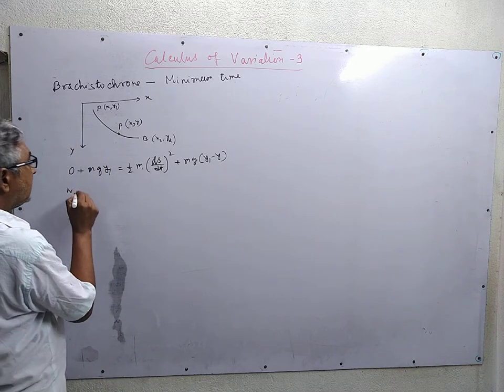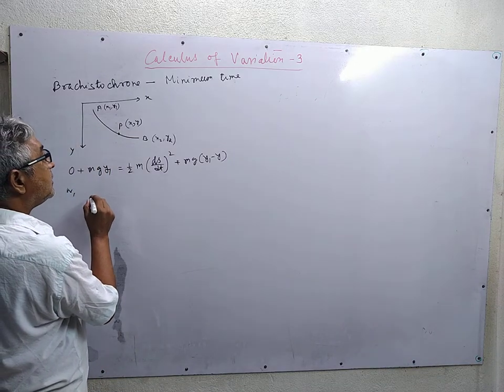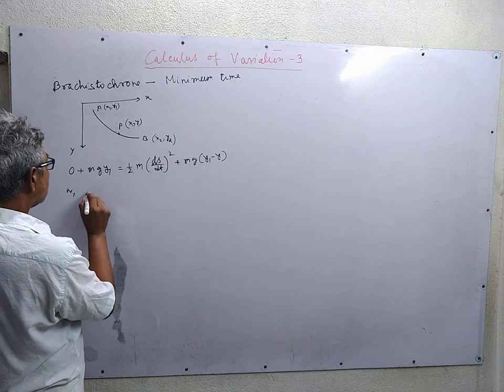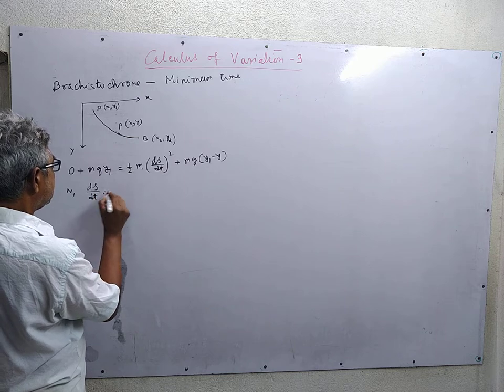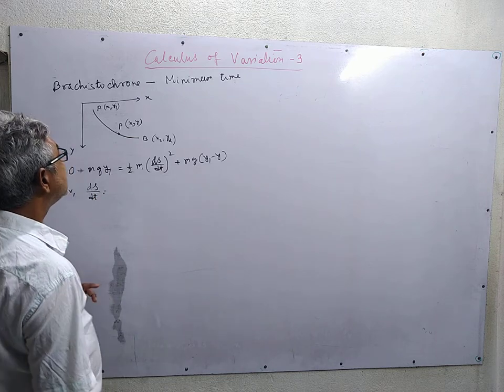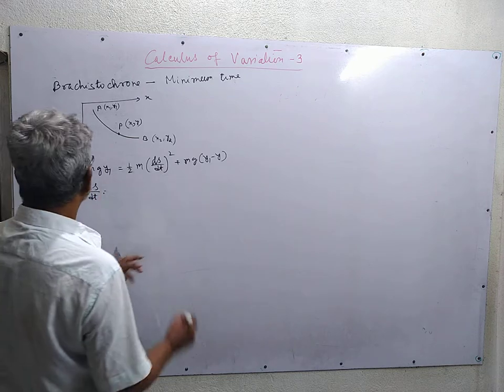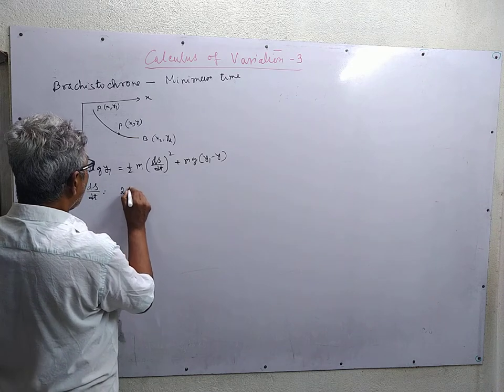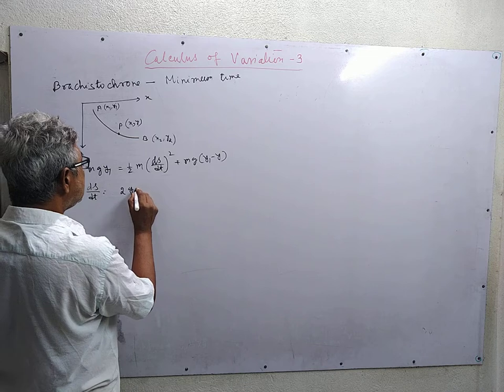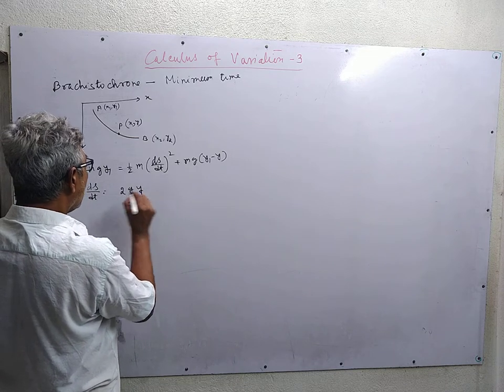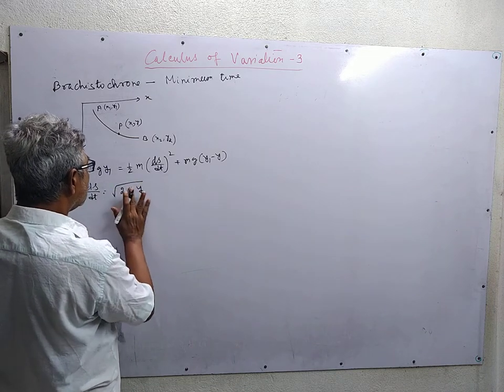The m cancels out all through, so ds/dt is equal to root of twice g y.